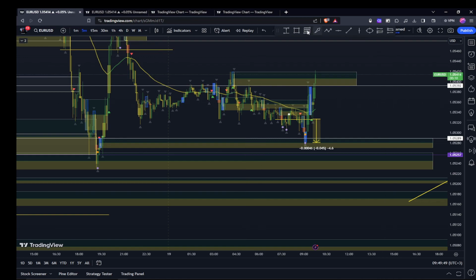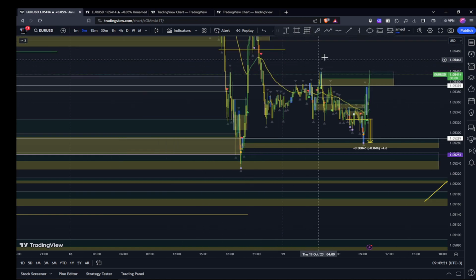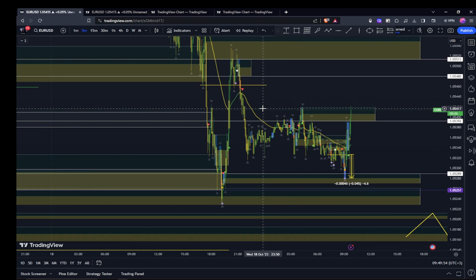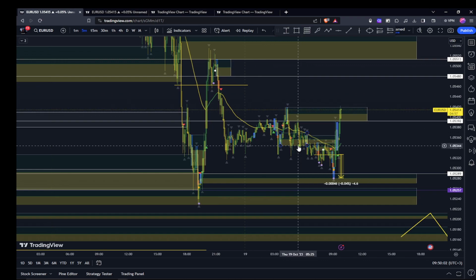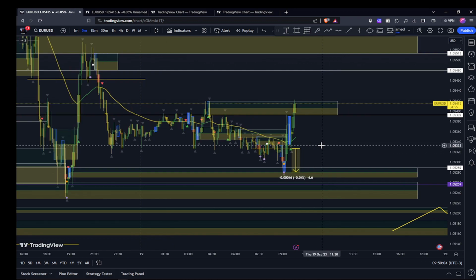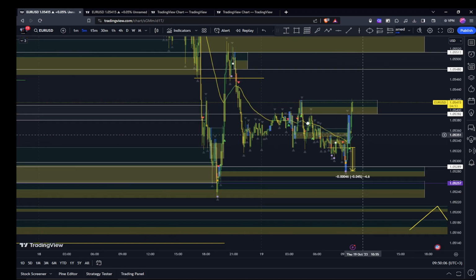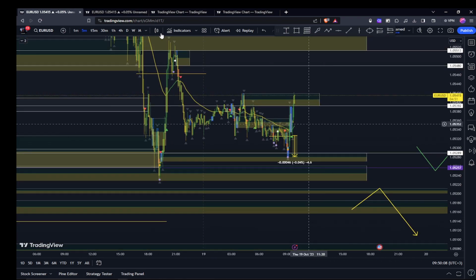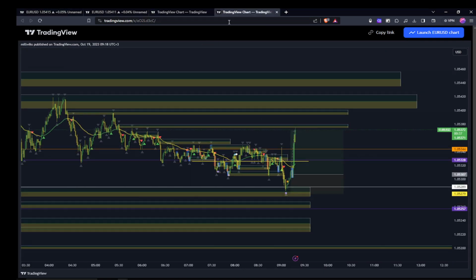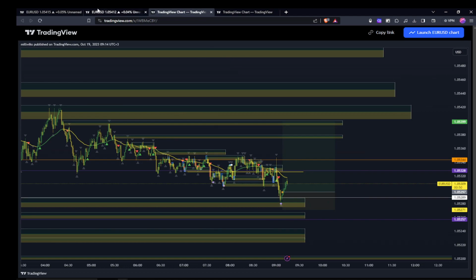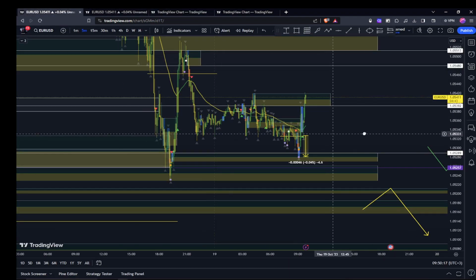This is the high of the Asian session, where the market opened, and as we can see, the market has already filled the Asian high. That is what I see. Okay, now let's explain why I entered these trades, and the profit that I got.